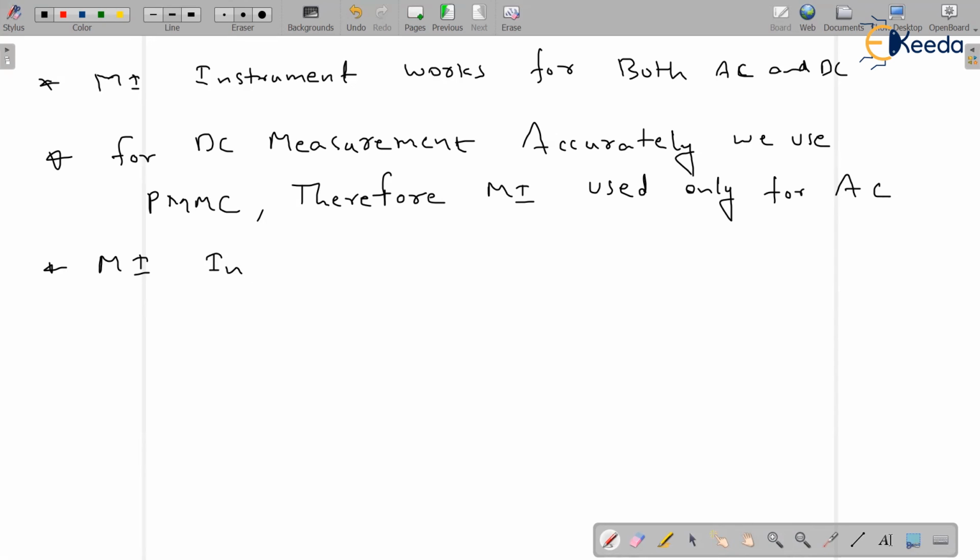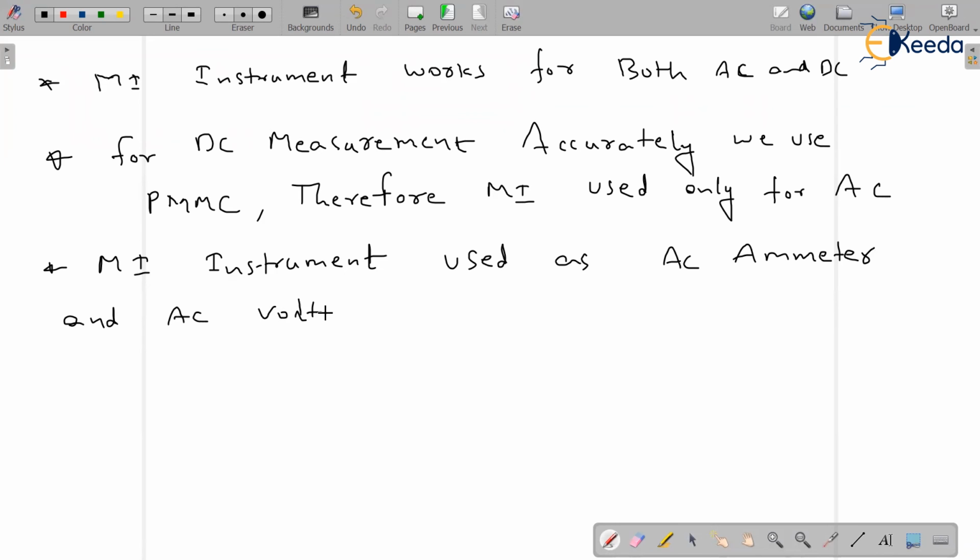MI instrument is used as an AC ammeter and AC voltmeter up to 50 amperes and 750 volts.